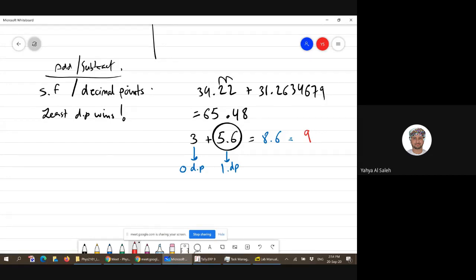If one piece of equipment gives me just 0 decimal places and that reading goes into the calculation of addition and subtraction, it will still be just a whole number, which sucks, but it is how it is.